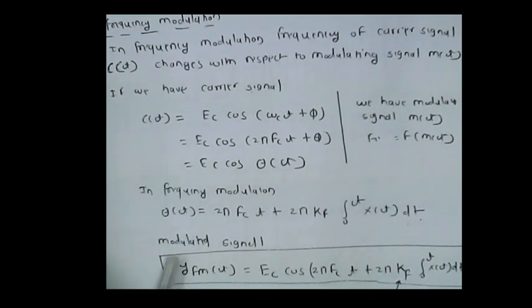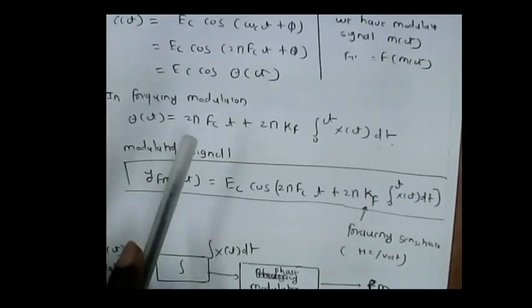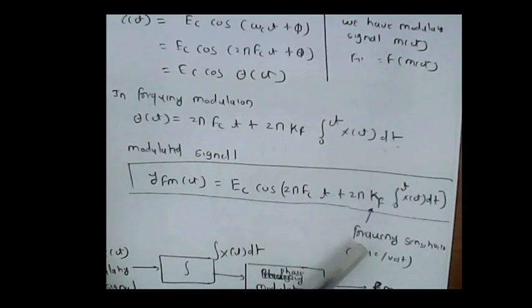We get the modulated signal y m of t in time domain: Ec cos(2 pi fc t + 2 pi kf integration 0 to t of x of t dt), where kf is the frequency sensitivity, which has unit hertz per volt.